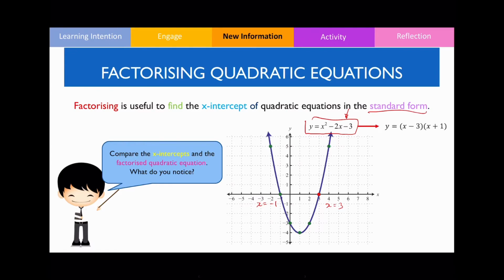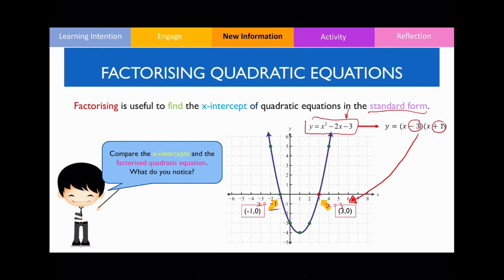If you look at the relationship between the factorized form and your x-intercepts, you'd realize that the factorized form pretty much tells you indirectly what your x-intercepts are. This says -3, your x-intercept is +3, okay? This has a +1, your x-intercept is -1. So it's pretty much the reverse or the flipped of each other.